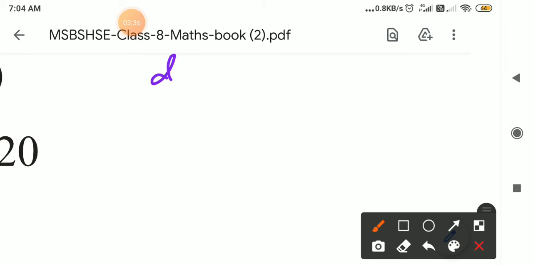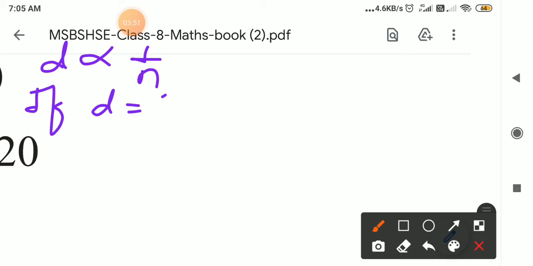So days are inversely proportional to the number of workers. At first, d is equal to 8 and n is equal to 15, and we have to find the constant.